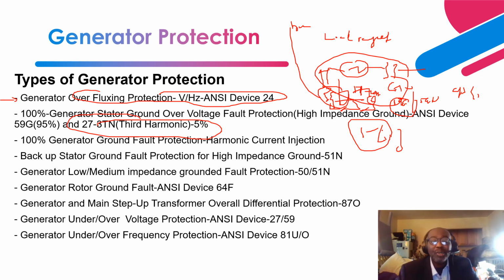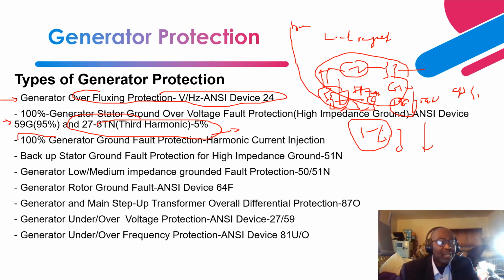Each generator has a unique signature of third harmonic voltage, right? During operation of the generator, this third harmonic voltage manifests itself. So during a stator ground fault, there's a reduction in this third harmonic voltage that manifests itself during steady state. The reduction of that is what is used by this relay to complement the 59G or the 59N to provide complete 100% stator ground fault protection.